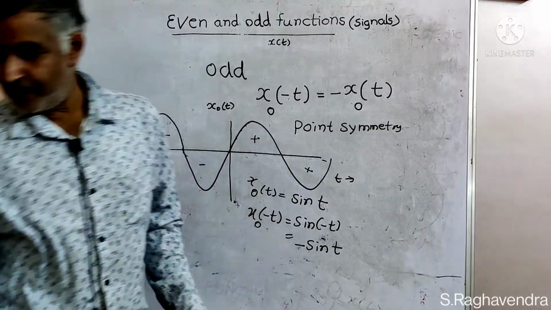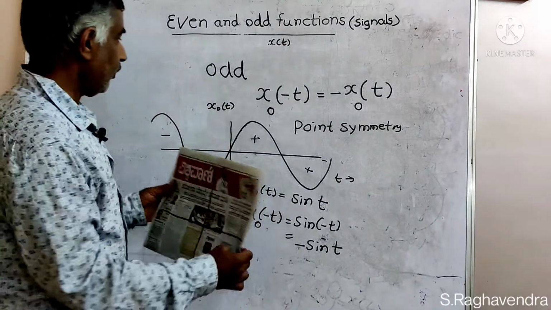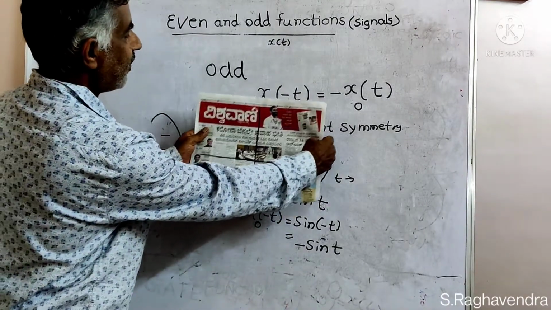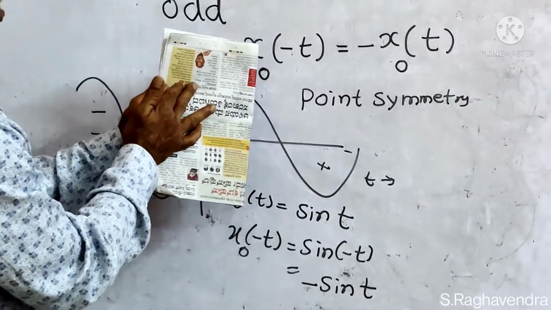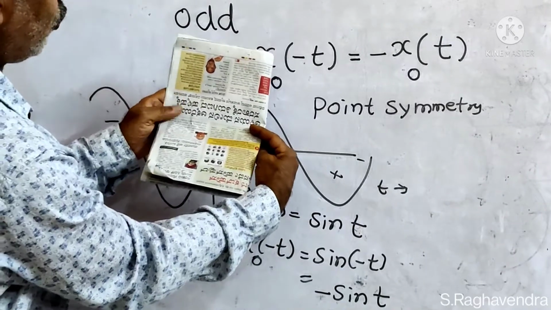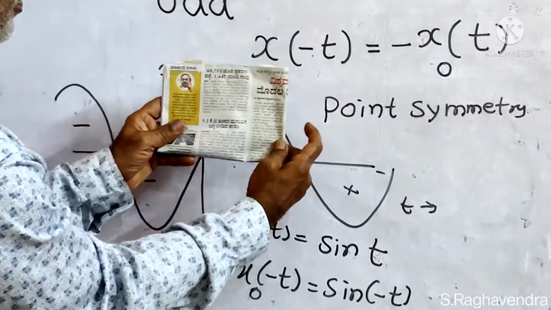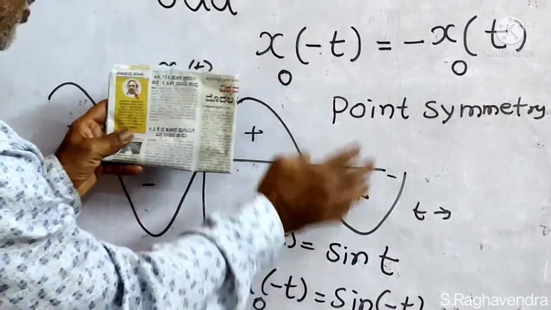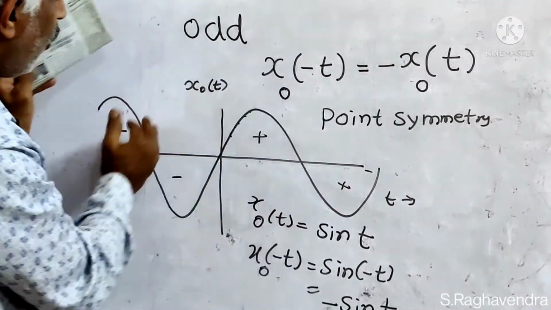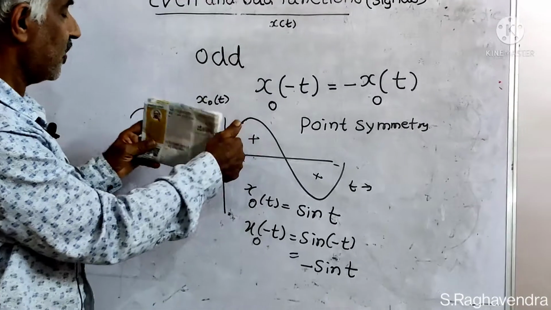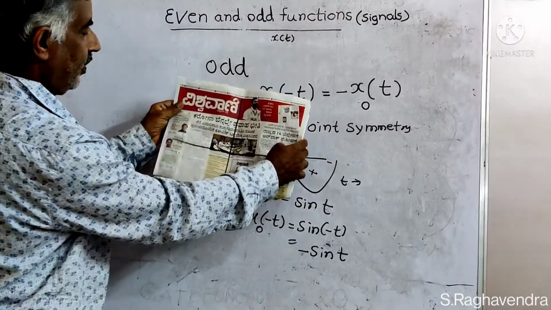I will explain why. If you fold it like this, and after folding like this, you fold once more like this, then the positive portion of the function exactly overlaps with the negative portion. Once again I will repeat.